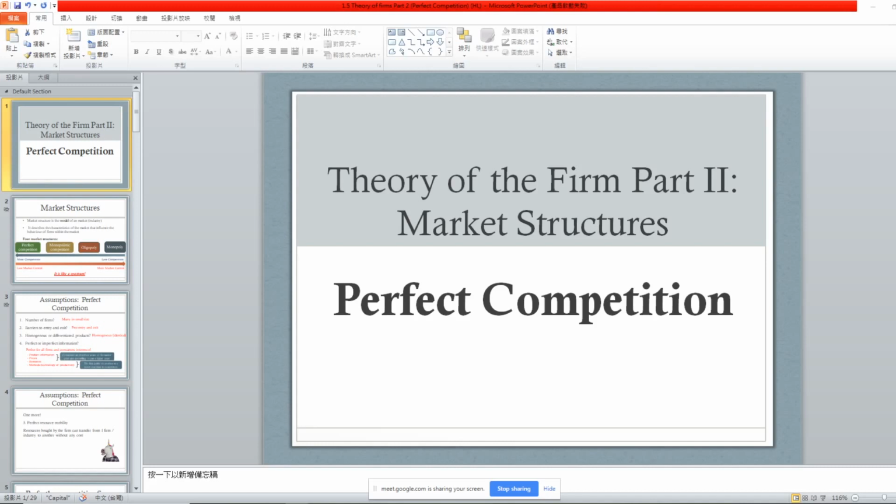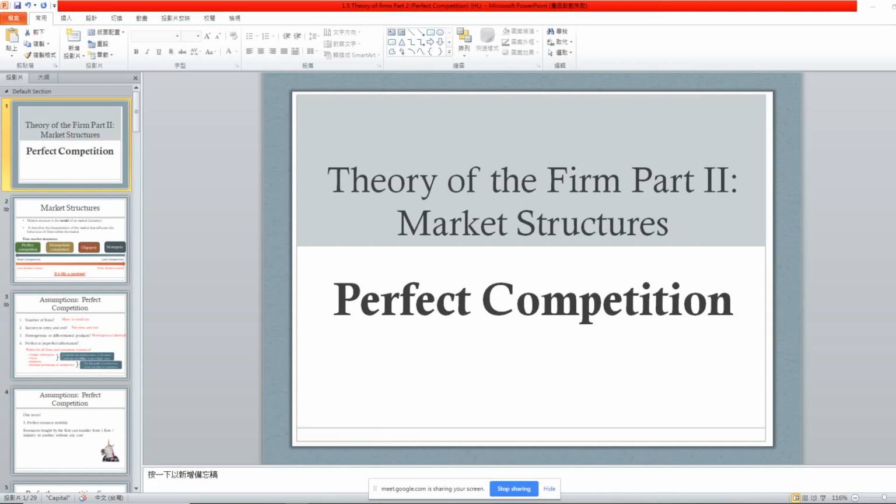So I will say this again. For HL students, I want you to realize this. Right now we are still in microeconomics. But when you are studying SL contents, you're in macroeconomics. For HL contents, we still have something to deal with, and that is the theory of firms.